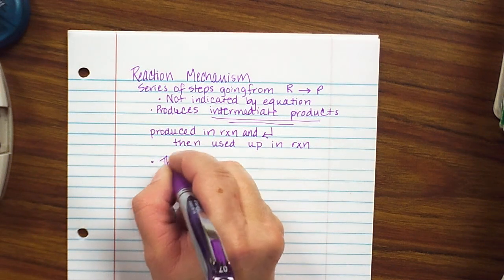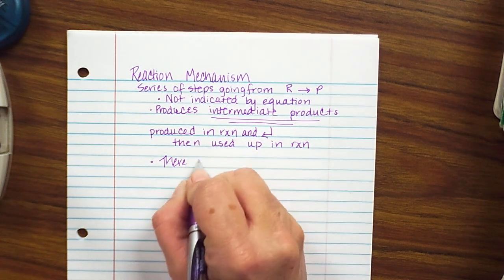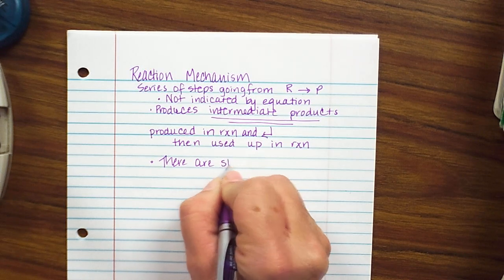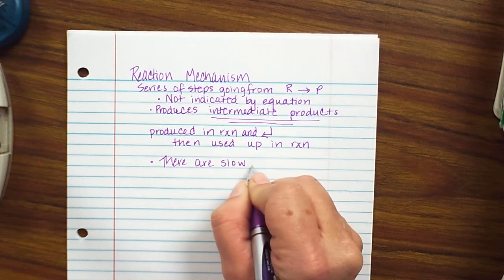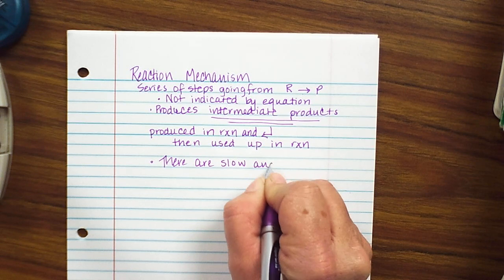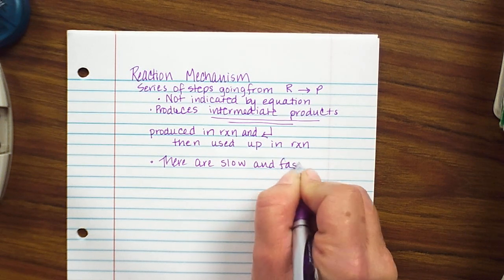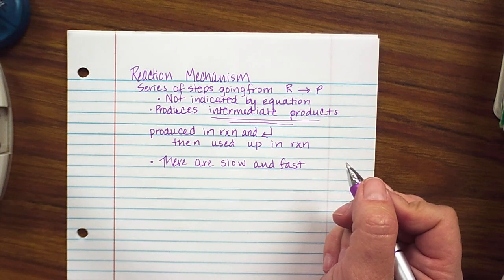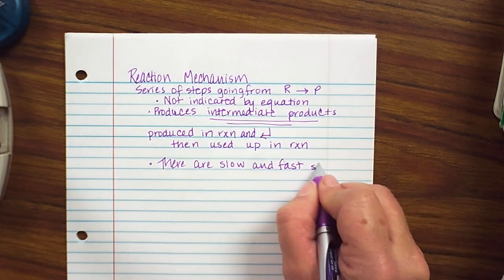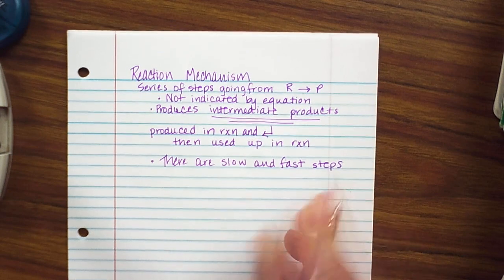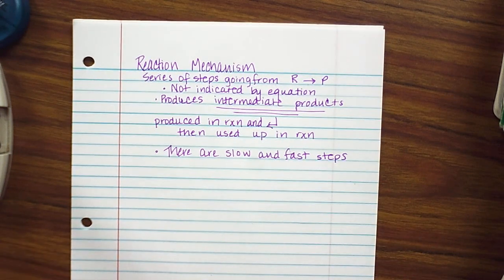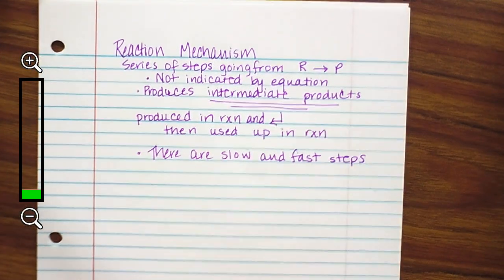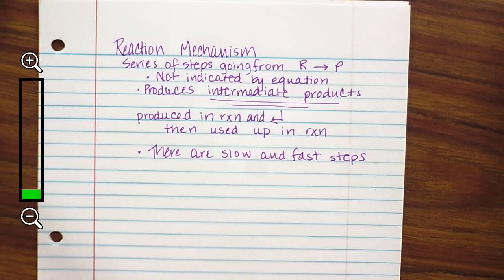There are slow steps. Slow and fast steps. There actually are like many different speeds. They rate them. But for us, there are only slow and fast steps. And the reaction rate equation must match the slow step.